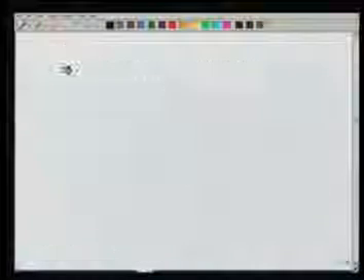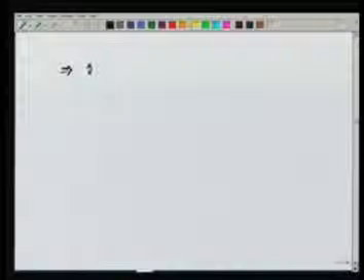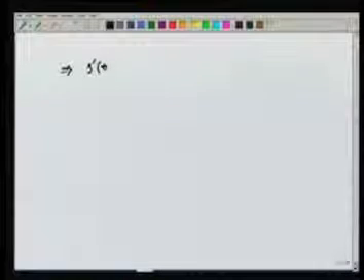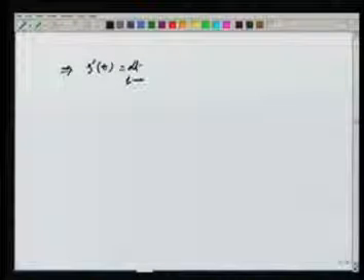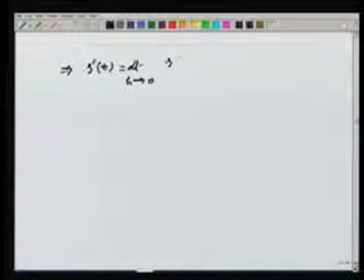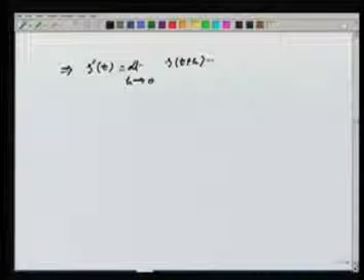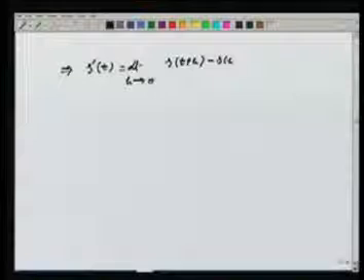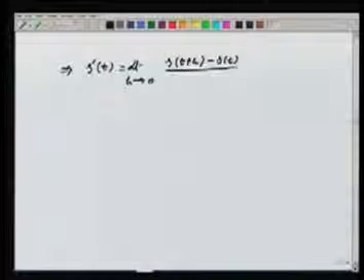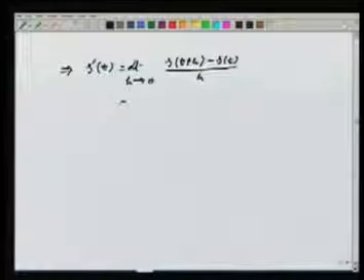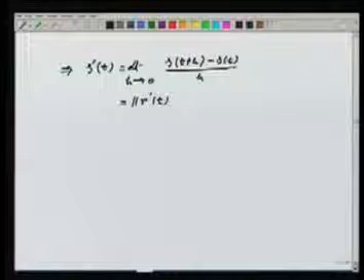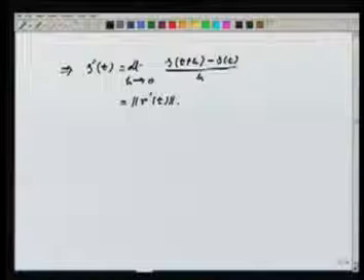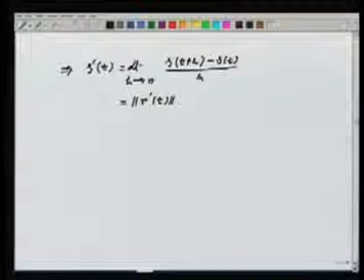So this implies s prime(t) equals limit h going to 0 of s(t+h) minus s(t), divided by h, which is norm r prime(t), because that is the middle quantity. And this is precisely what I wanted to prove.